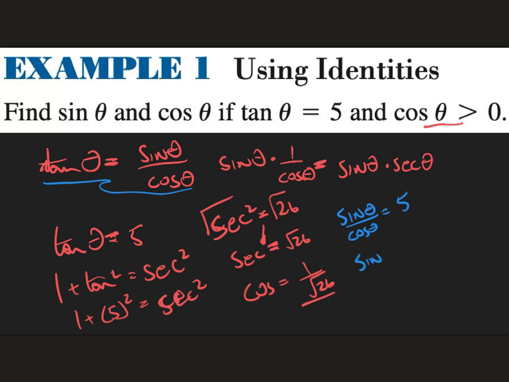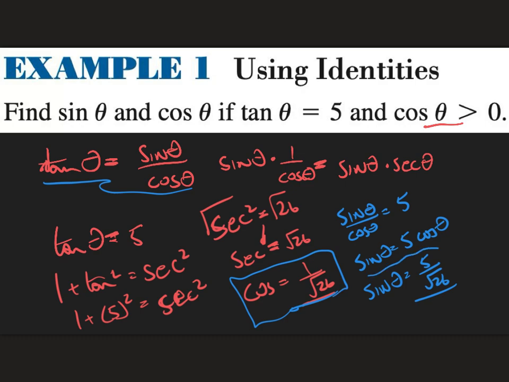Then the sine theta equals 5 times the cosine of theta. If the cosine of theta is 1 over root 26, then the sine of theta equals 5 over root 26. And here go our answers: the sine of theta and the cosine of theta using our identities.